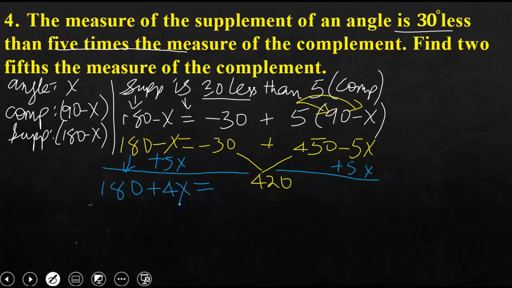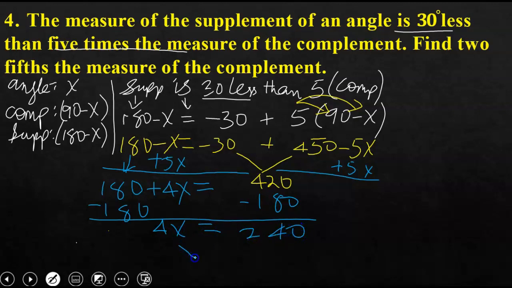And now we can subtract 180 from both sides. So 4x equals 240. So x equals 240 divided by 4, which is 60.